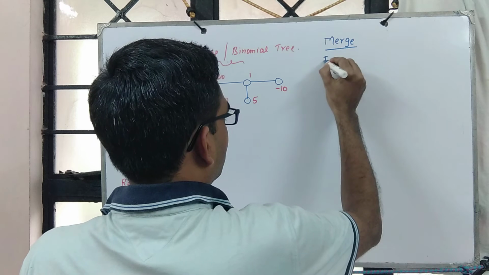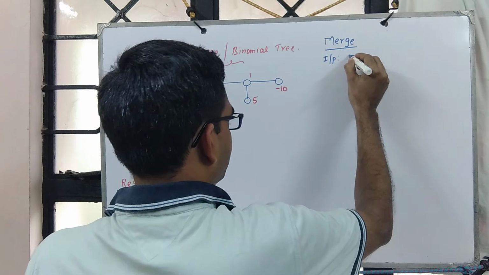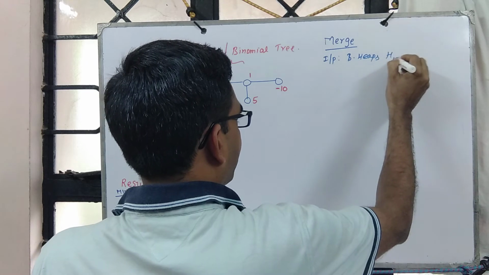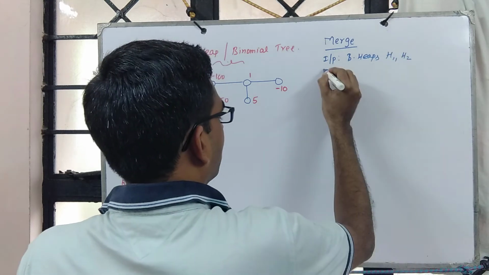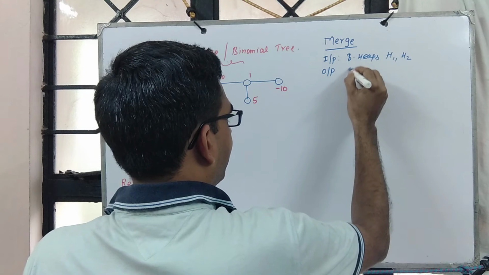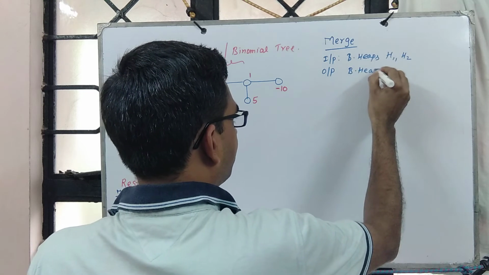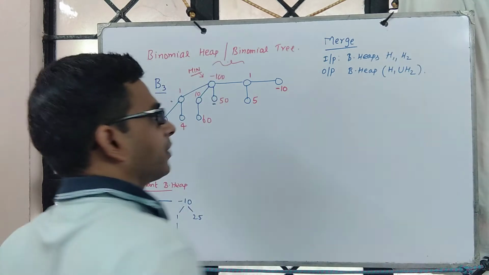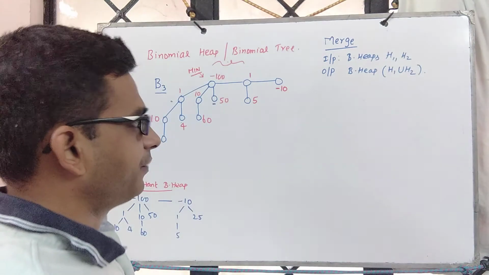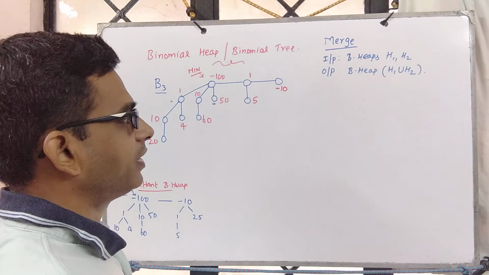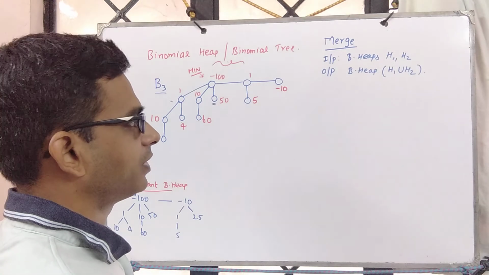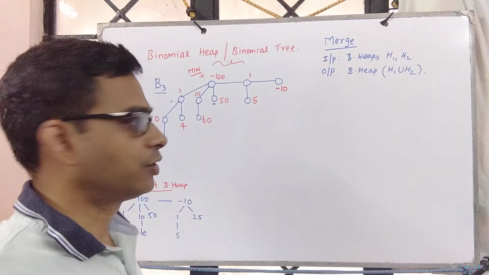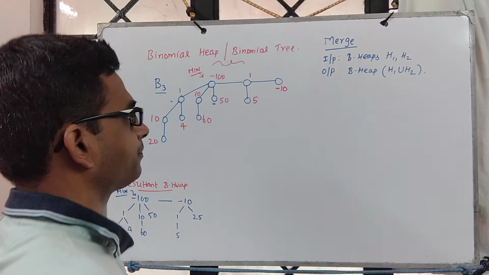So given two binomial heaps, say H1 and H2, the objective is to create a binomial heap on H1 union H2. So how do we modify the structure of the given two binomial heaps so that the resultant is also a binomial heap?